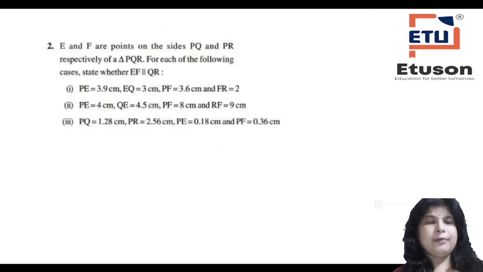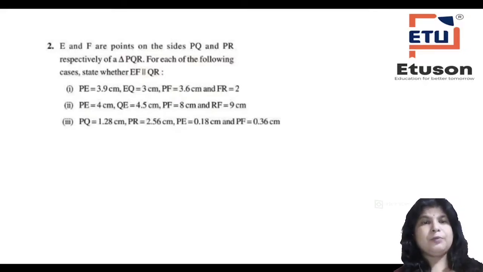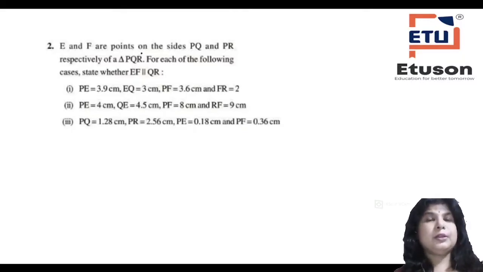E and F are points on the sides PQ and PR respectively of a triangle PQR. For each of the following cases, state whether EF is parallel to QR. So we know according to theorem 6.2, EF will be parallel to QR only when the points E and F divide the sides PQ and PR in the same ratio.